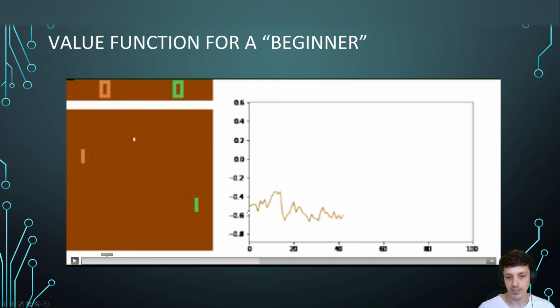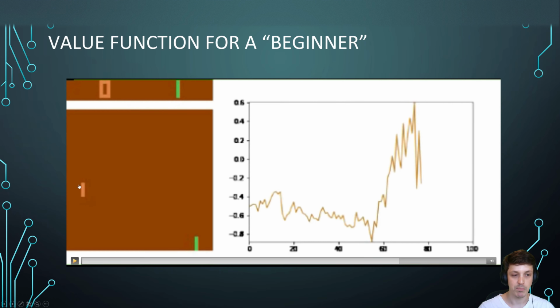So you can see the value starts very low at the start, very negative. So it's anticipating potentially losing a point. So it goes very low. And then as soon as it hits the ball back, you can see the value shooting right back up, because now it's anticipating that it might get a point. And then as soon as the ball goes past its opponent, you can see the value goes back down again.